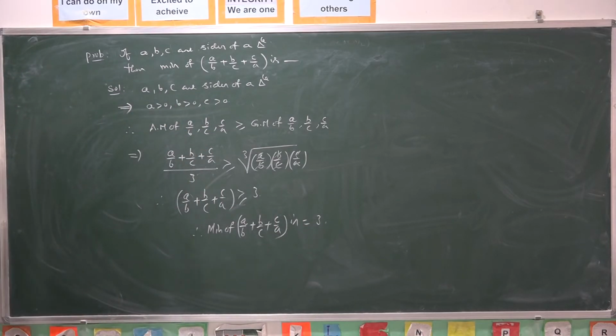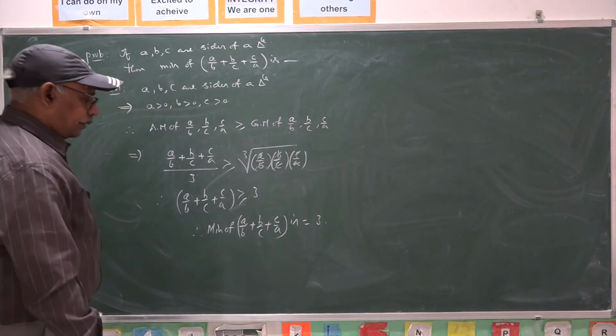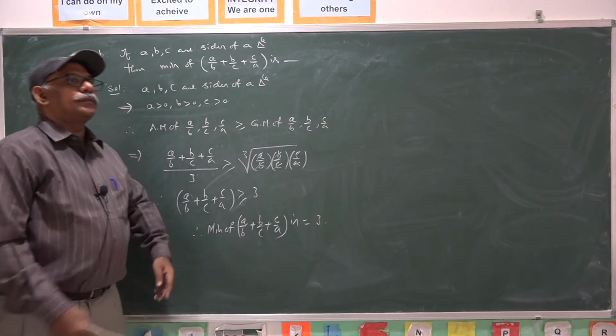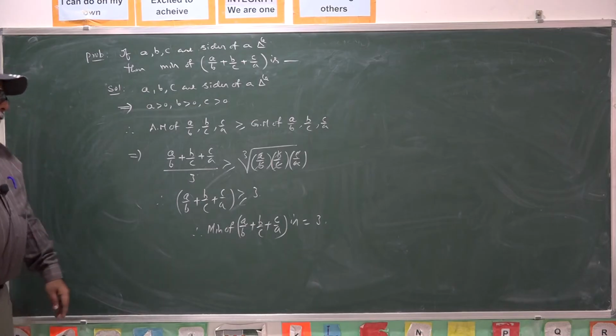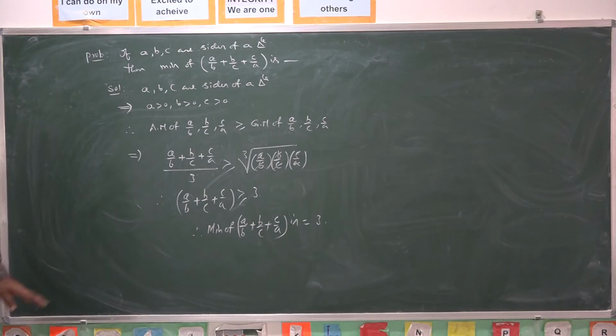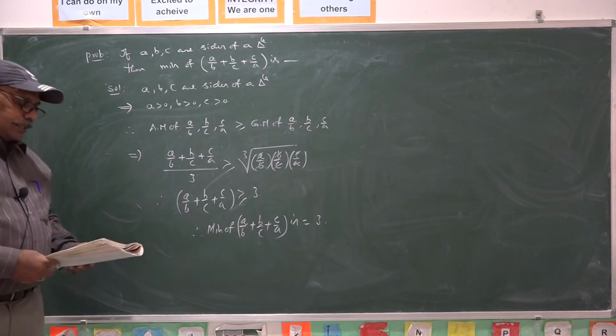So you can take the minimum value of the function A by B plus B by C plus C by A as 3.